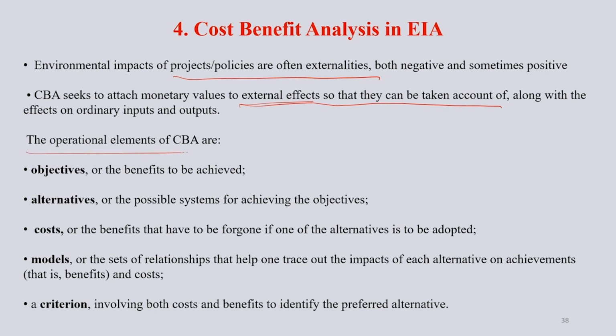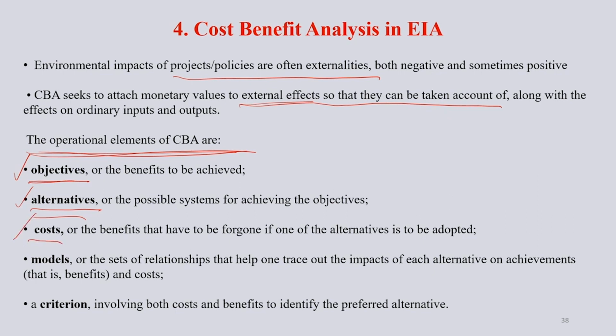The operational elements of CBA are the following. First, the objective: what are the benefits that you want to achieve through a project or your decision for a project. Alternatives: the possible systems for achieving the objectives. Costs: the benefits that have to be foregone if one of the alternatives is to be adopted.